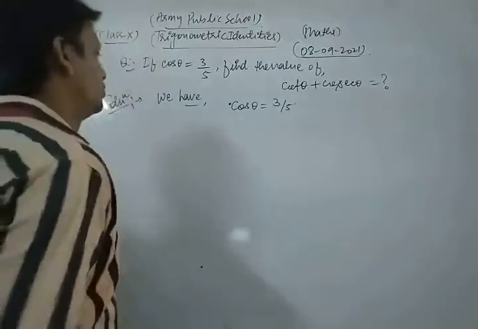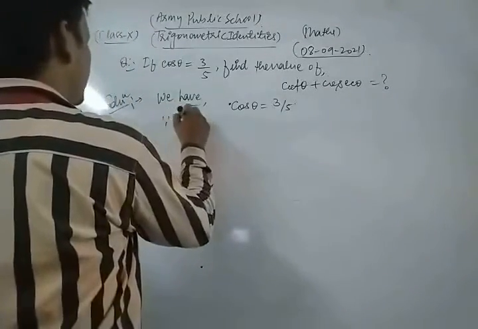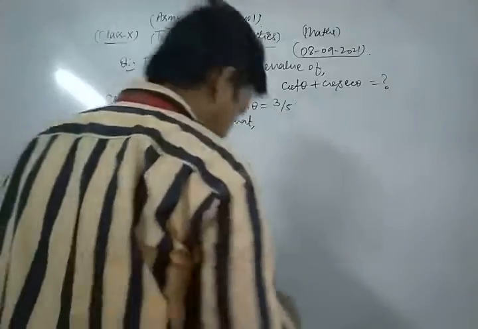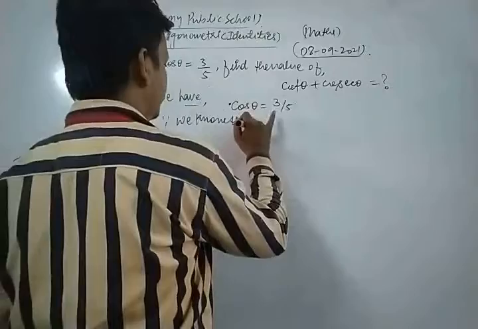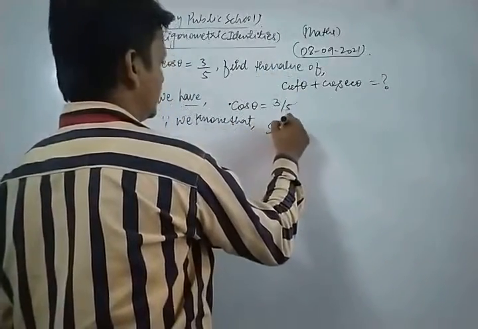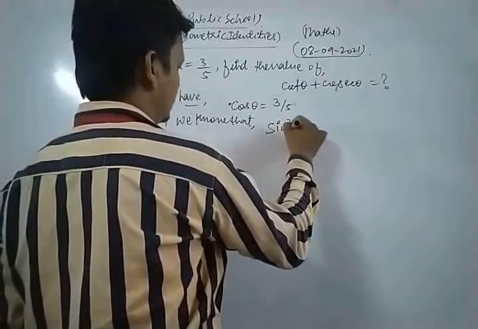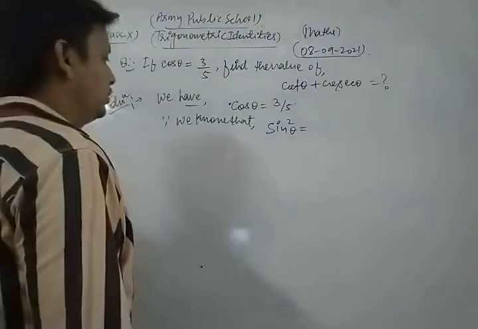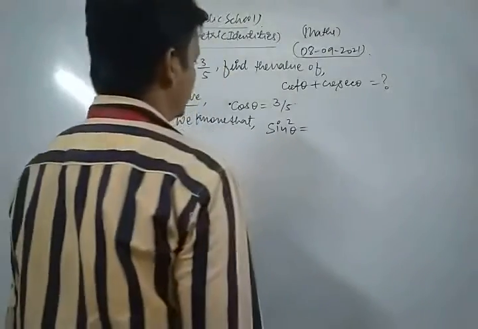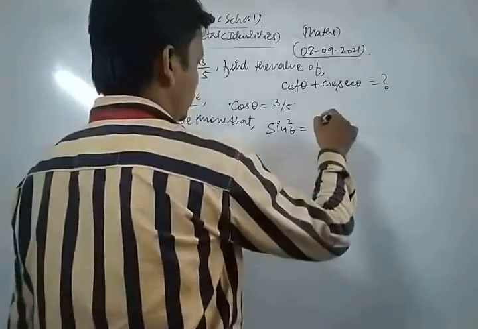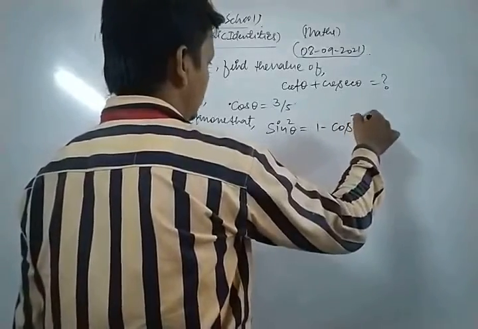Let's see. Since we know that sine square theta is equal to what? 1 minus cos square theta.